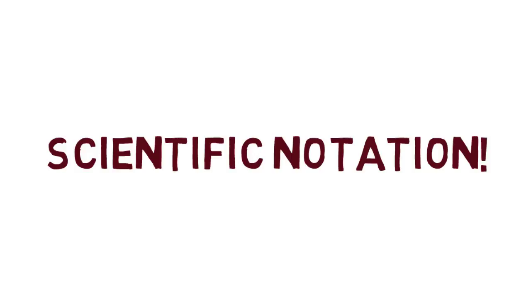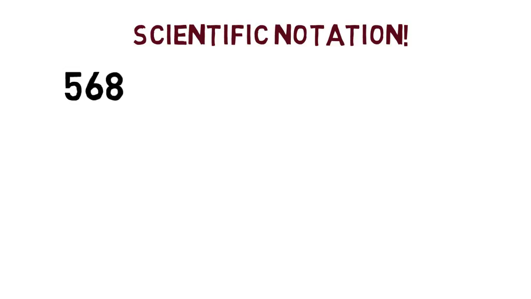Let's say we have a number like 568.762, and we want to write this number in scientific notation. The first step is to move the decimal somewhere in the number that will create a number between 1 and 9.9999. In this number, we would have to move the decimal between the 5 and the 6.